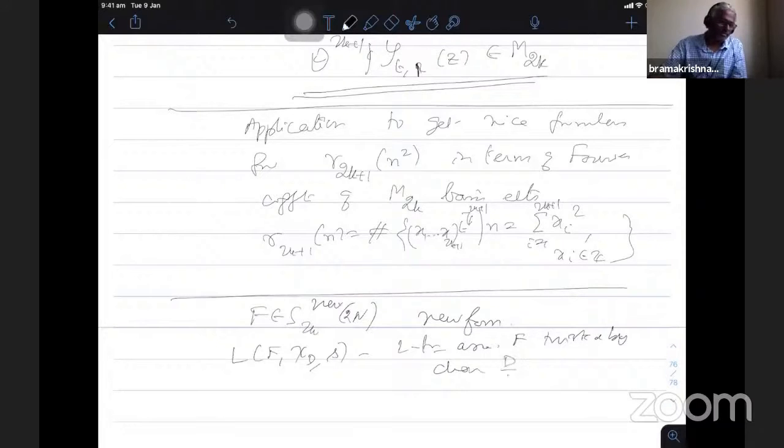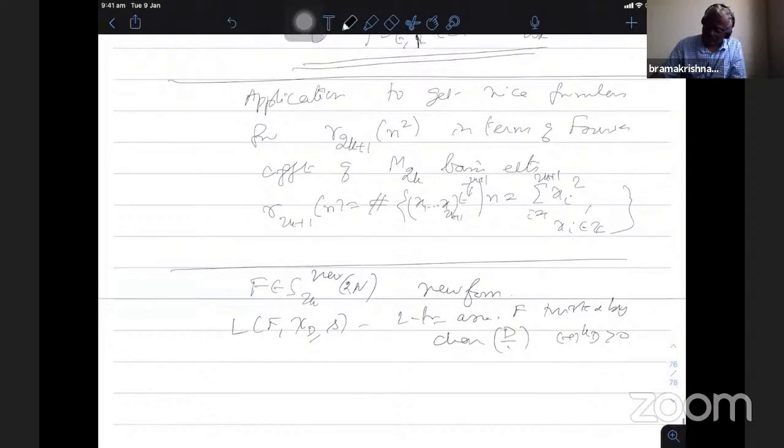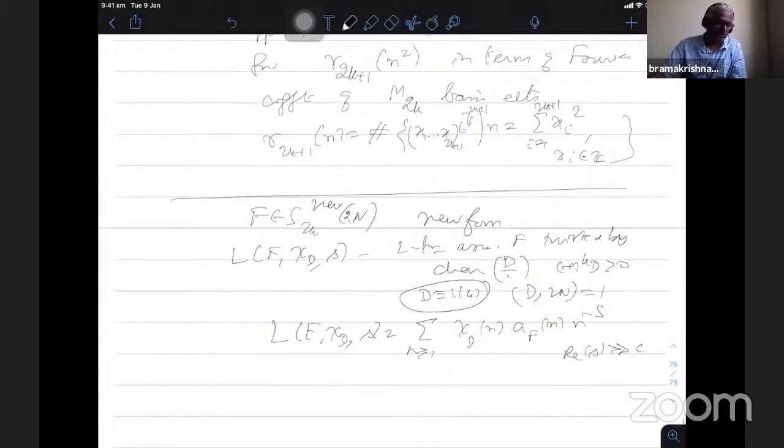Then take (-1)^k d positive, and assume that (d, 2n) is 1, so d is 1 mod 4, a fundamental discriminant. Then this L(f, χ_d, s) is nothing but the summation over n greater than or equal to 1 of χ_d(n) a_f(n) n^(-s). I have to take some constant depending on the weight, and then we have to do this.